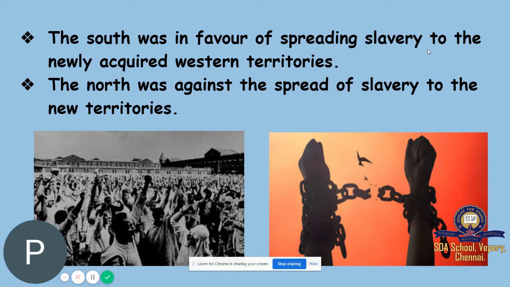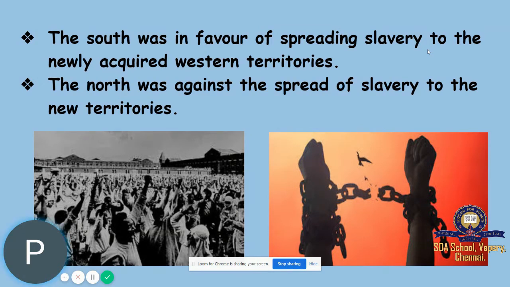The South was in favor of spreading slavery to the newly acquired Western territories. The Southern people did not stop slavery in the South alone, but continued it even in the newly acquired Western territories. The North was against the spread of slavery to the new territories.